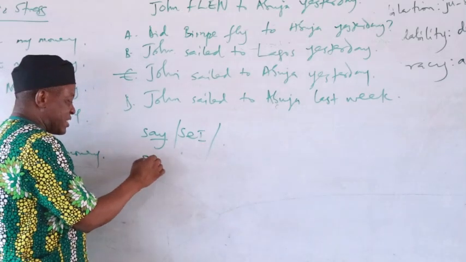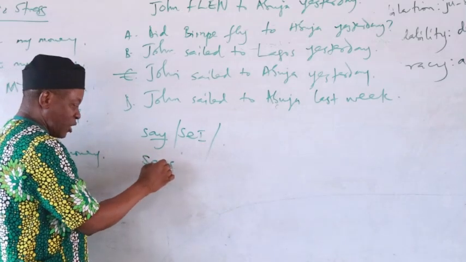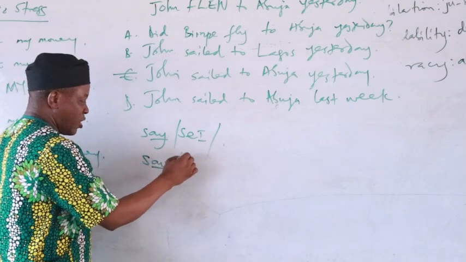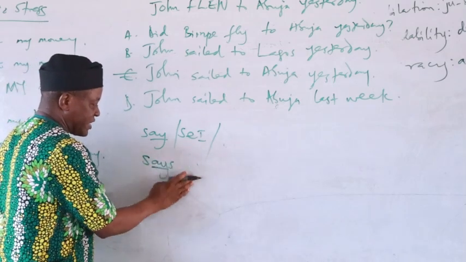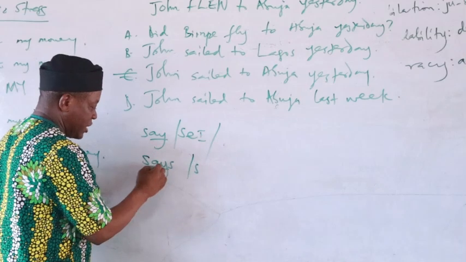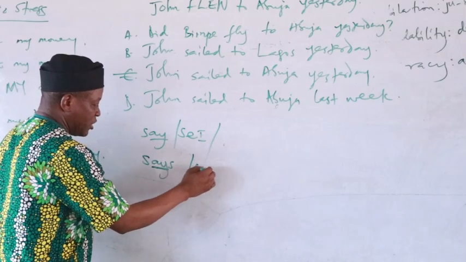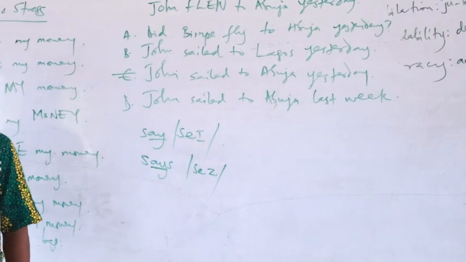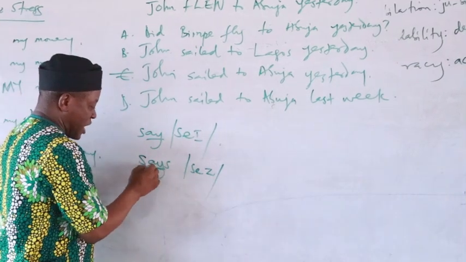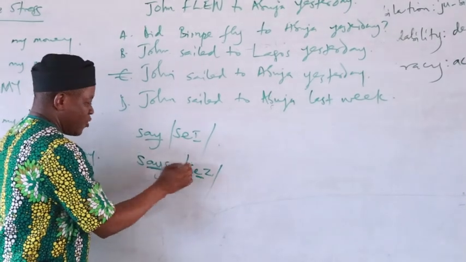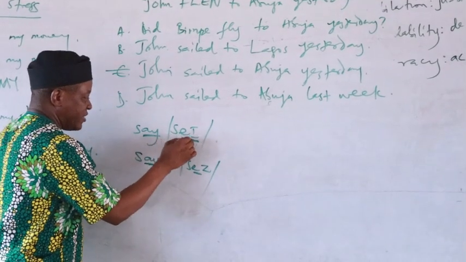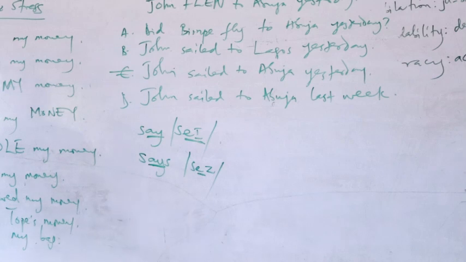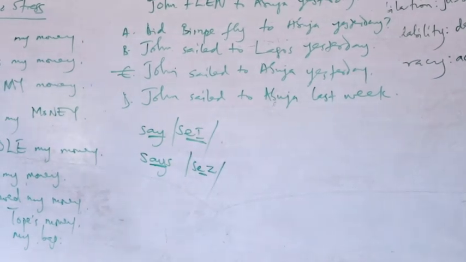But SAYS, because of this S, this will become sez. So AY here becomes short A. He says that. So that's why AY here is short A, whereas AY here is long A. He says that. Do you know why it is like that now?